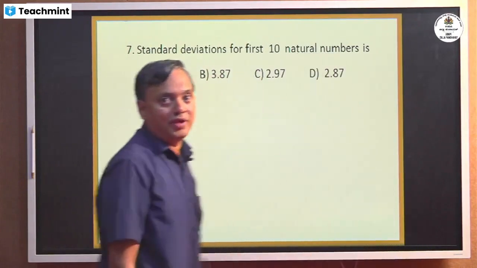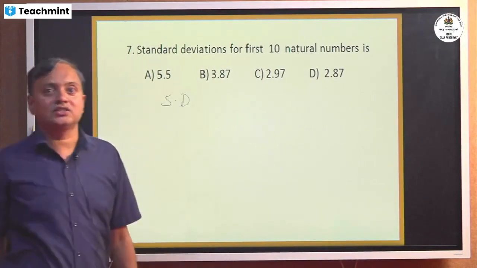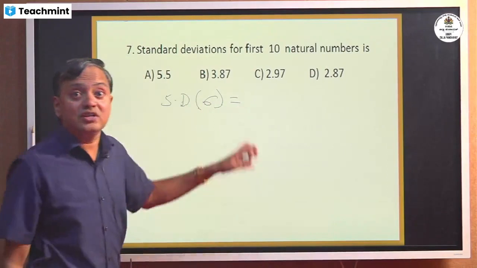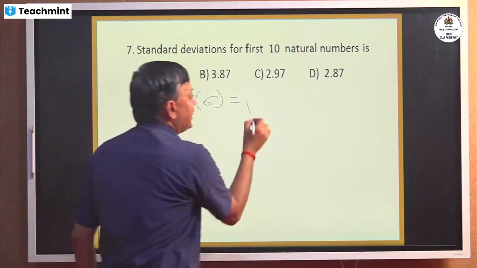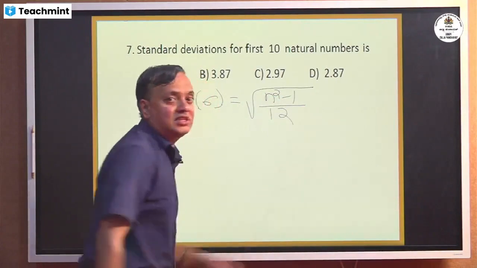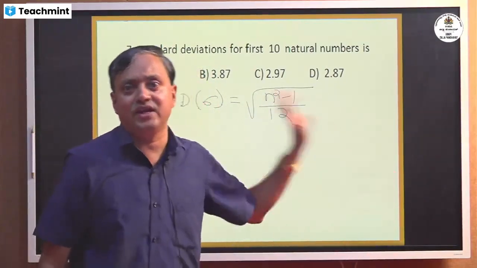Then next one, the standard deviation of first 10 natural numbers. You should know that the standard deviation, or sigma, of first n natural numbers is root of n square minus 1 by 12. This is the formula of standard deviation. Its square is variance.